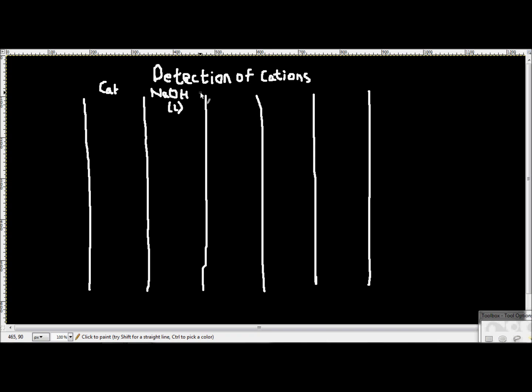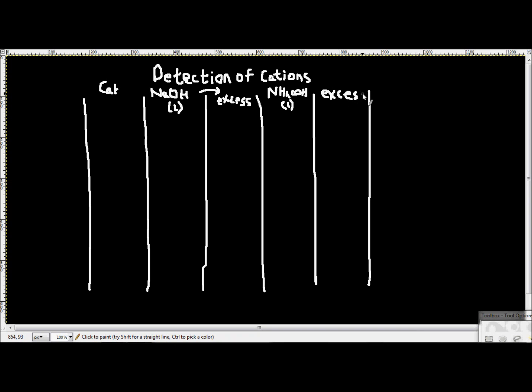In this one I'm not going to write NaOH again, but I'm going to write excess. You'll see why in a minute. And over here I'm going to write NH4OH, first in little amount and then again excess. So this is the format of the table that you should be following.